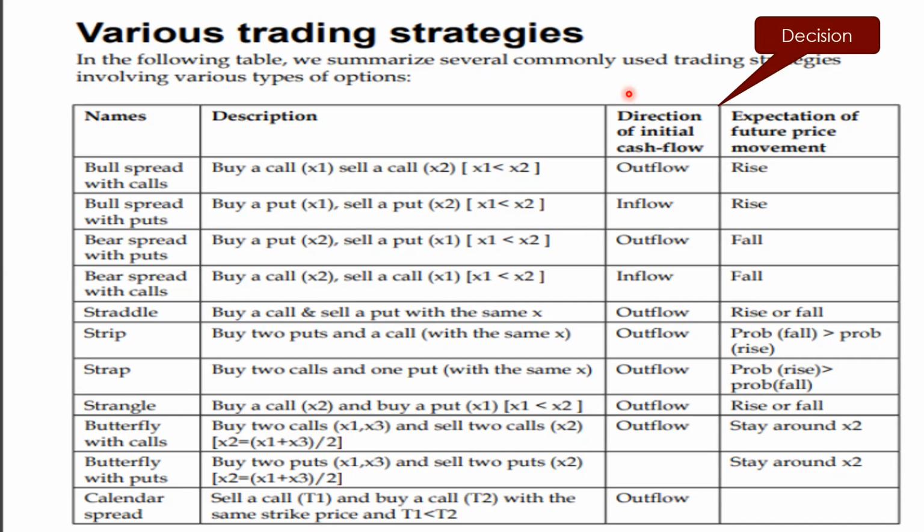Inflow means our investment value is going to fetch maybe dividend or anything. It tends to increase and the price is also increasing. In such a case, if Sneha has the put option, Pranit will recommend the bull spread strategy. That is how the decision is taken.